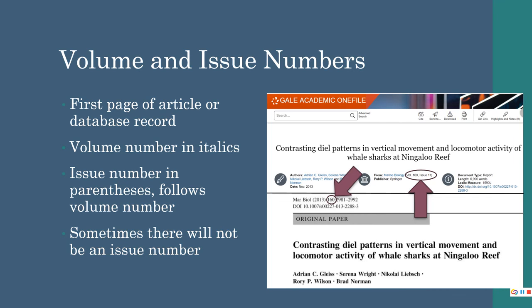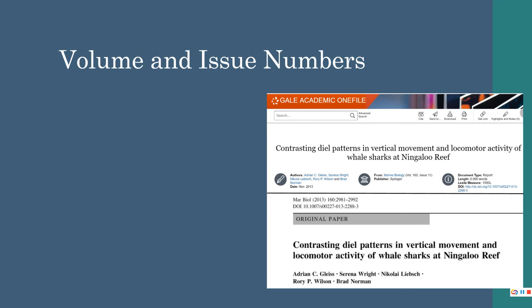Sometimes there will not be an issue number. If that is the case, simply leave it out and end with the volume number. Follow the volume and issue, if given, with a comma. In our example, the volume and issue numbers will be written as 160 in italics, open parentheses 11, close parentheses, comma.